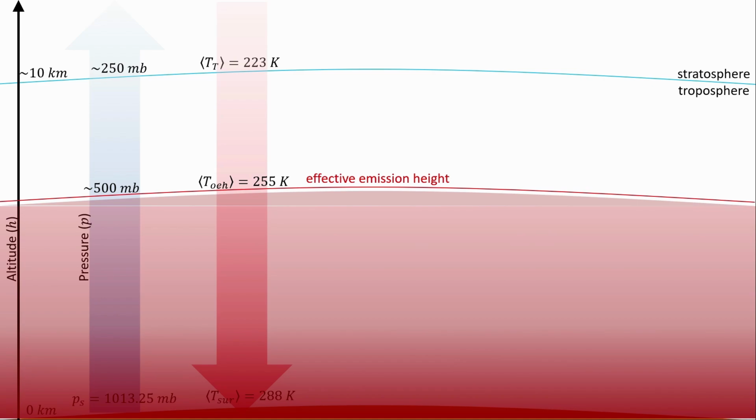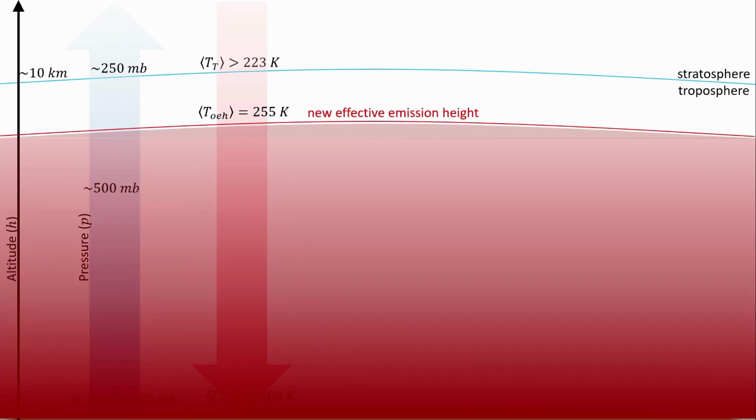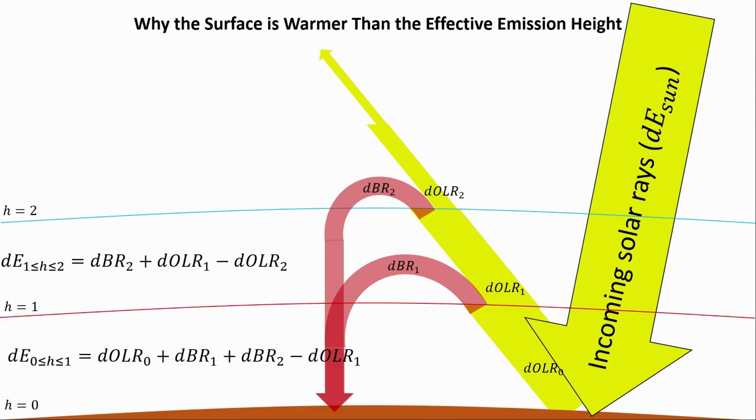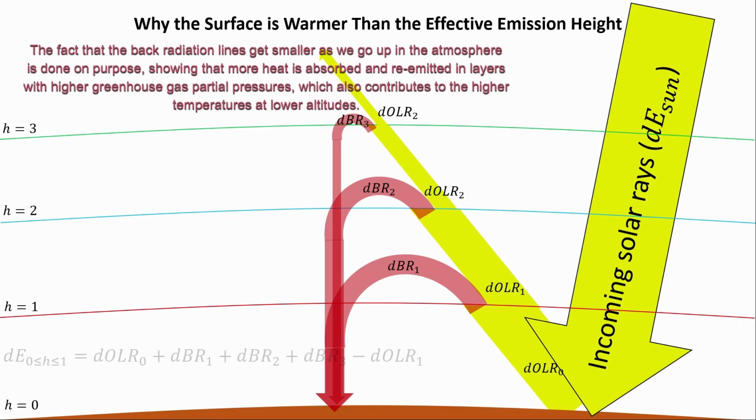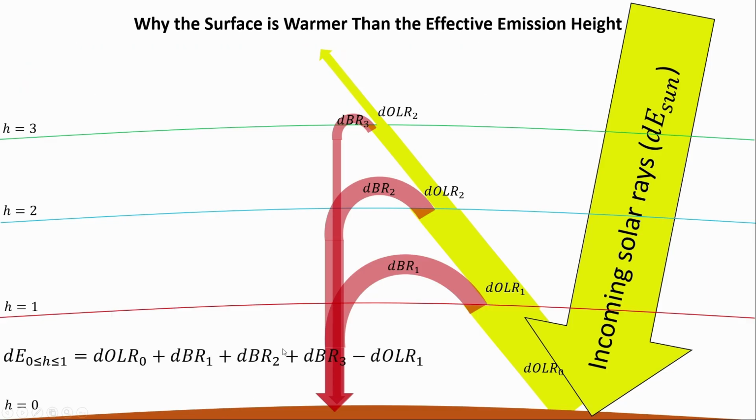But like I said, this is a gradient, and if we increase the effective emission height, now we have this gradient going further up. So instead of just this, we now have to add another layer onto it. So that's our DOLR2, and that gives us more back radiation going on there. And so now what we see is we have this extra term right here, this back radiation 3, so we are now warming up even more in this first layer.